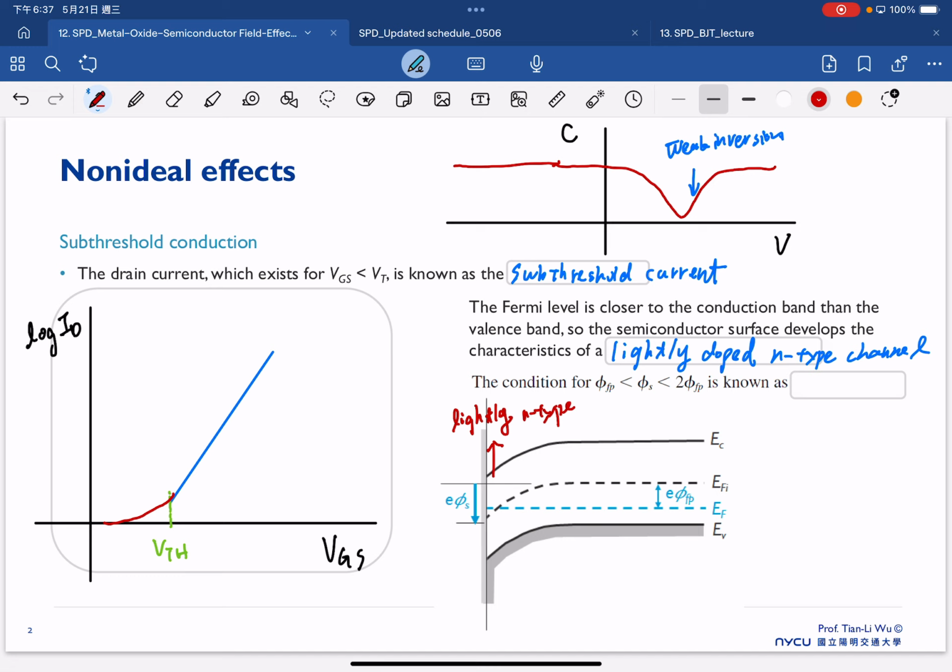And this lightly N-type region will also have drain current induced in the channel, and therefore even below the threshold voltage we start to see this subthreshold conduction. This region where our surface potential phi s is between phi fp and 2 phi p is known as weak inversion.